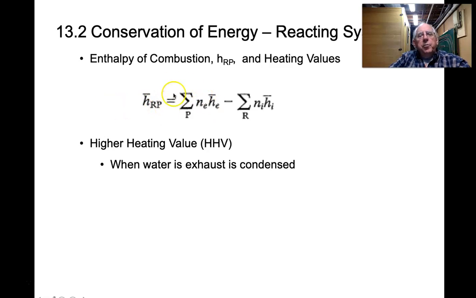And so there will be an extra amount of heat that is released from that reaction, assuming that the products come out at a liquid condition for the water. The lower heating value would be a slightly different value, assuming that the water in the products comes out as a gas.